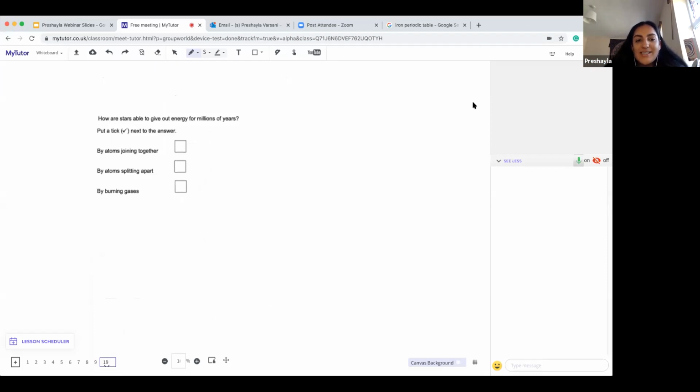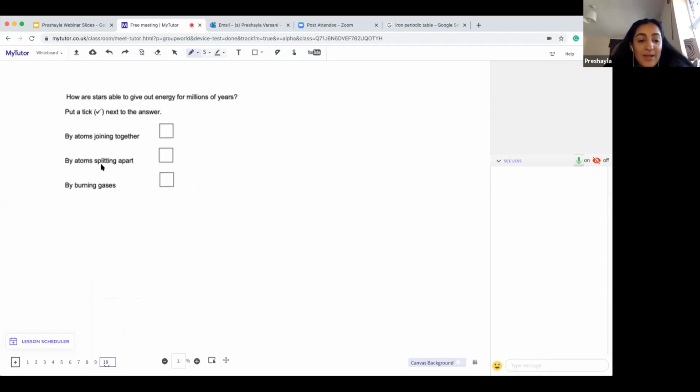How are stars able to give out energy for millions of years? Do they join atoms together? Do they split atoms apart, or do they burn gas? What do we think? Which one? A, B, or C?